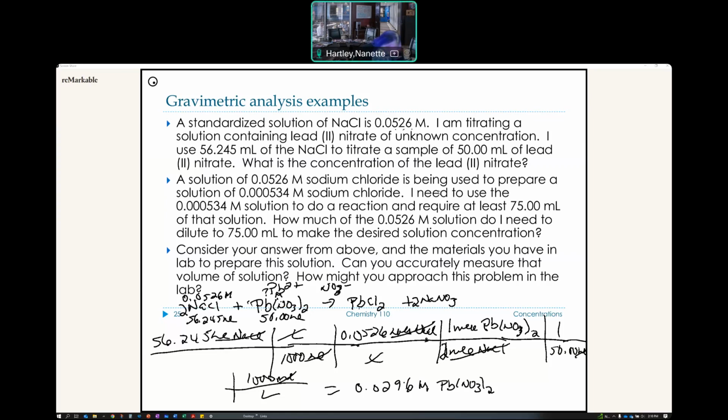And I get the answer again. Okay. So that is my concentration for the lead-2 nitrate.